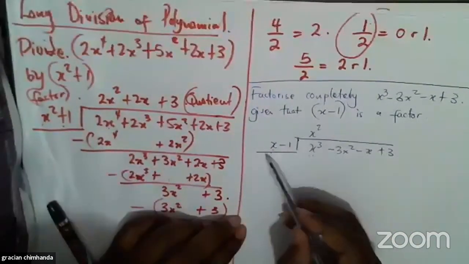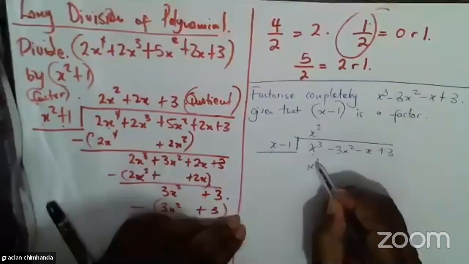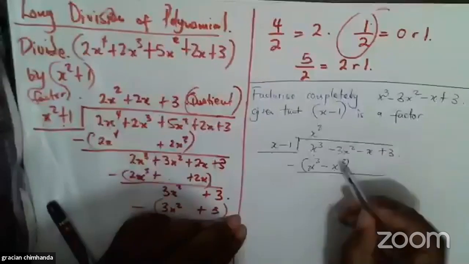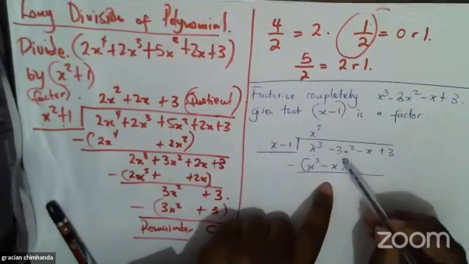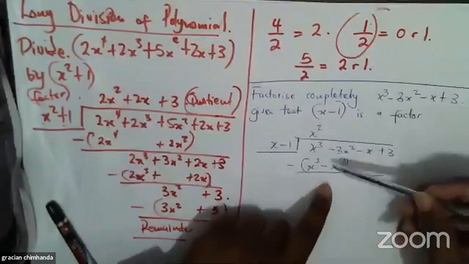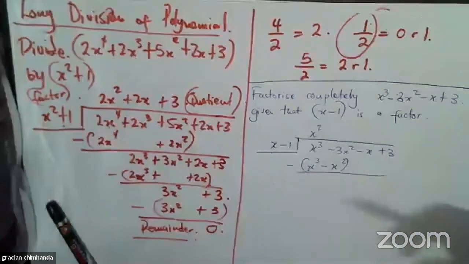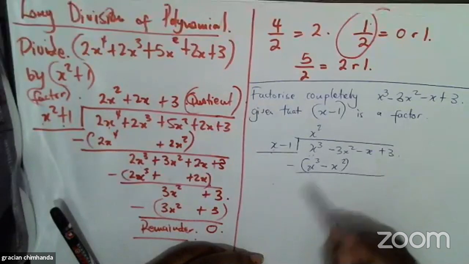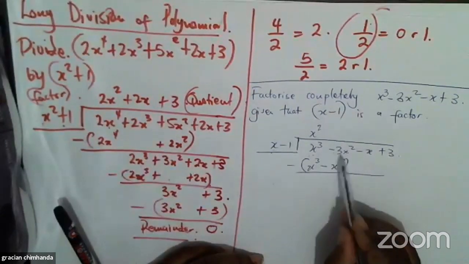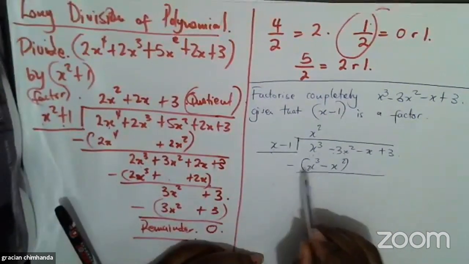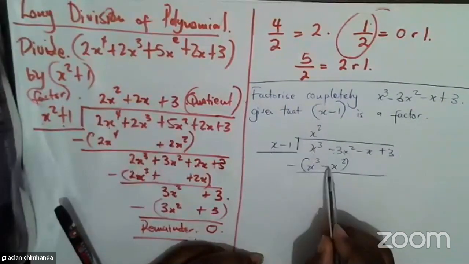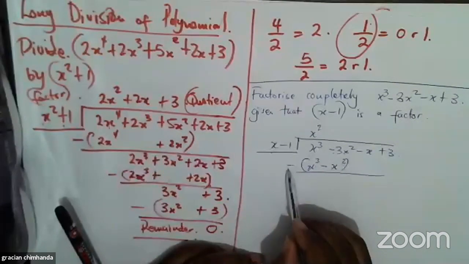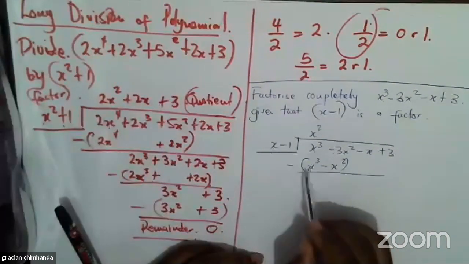The next step, I multiply, so I'll get x to the power 3 minus x squared. Always try to write similar variables on top of one another. It makes it simpler to subtract. So the leading variables will always give us a 0. Then minus 3x squared minus minus. The reason why we put brackets is so that we don't confuse this minus sign as belonging to this x to the power 3 only.